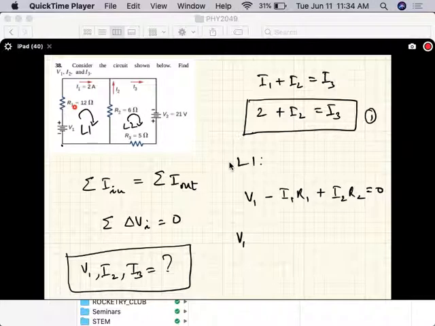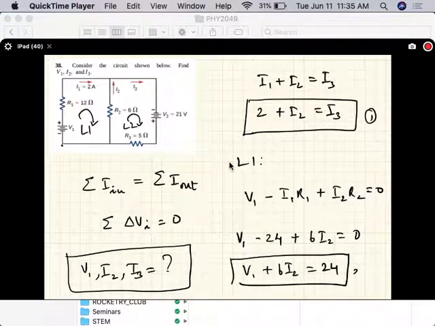I1 is 2, times 12 is 24, so that's minus 24, plus R2 is 6, so 6 I2 equal to 0. So there's your second equation.